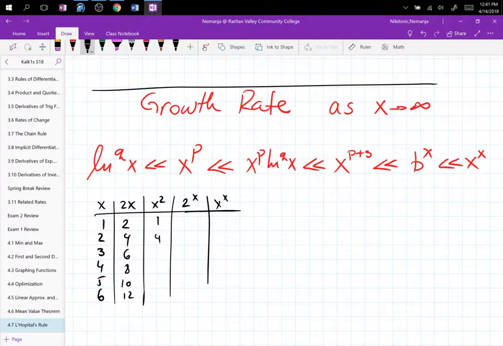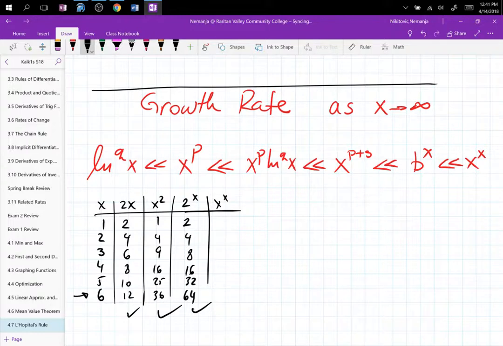That's 1, 4, 9, 16, 25, 36. Then we have exponents. Right? 2 to the 1 is 2, 4, 8, 16, 32, 64. And it really has to be evident in the last line that you are at the same level, but you are getting bigger values, which is the faster growth.